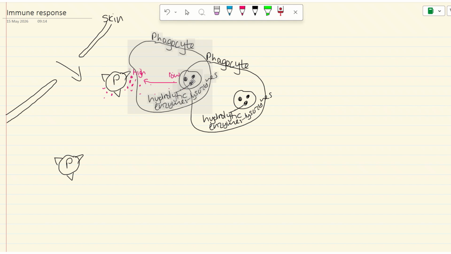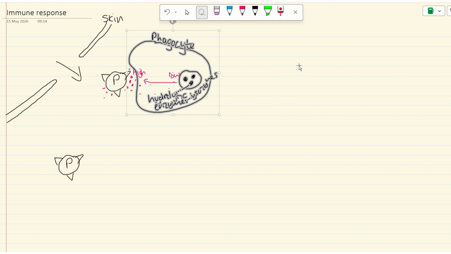The antigens are recognized as non-self, they don't belong to the body. Upon reaching the pathogen, what the phagocyte now does is it changes its shape.